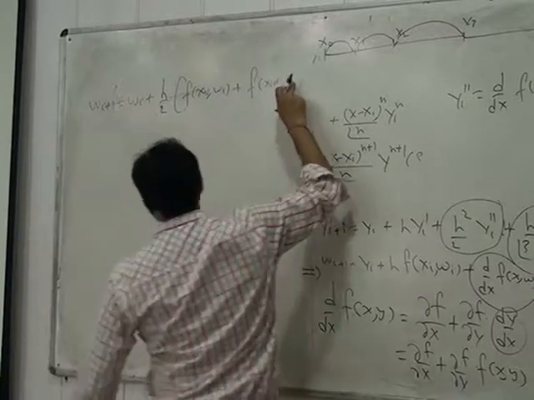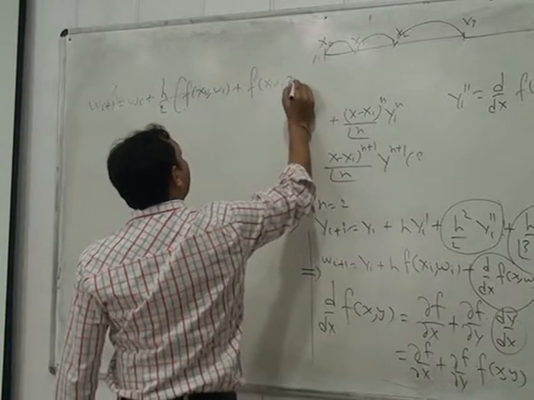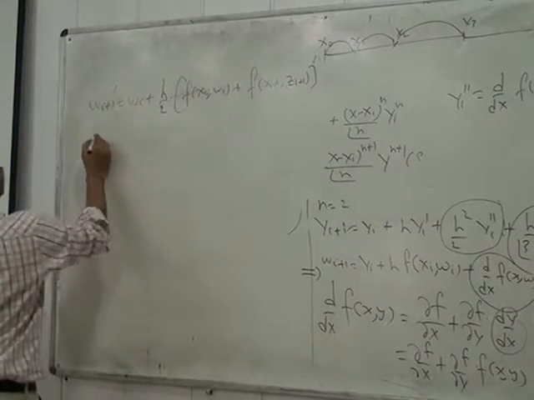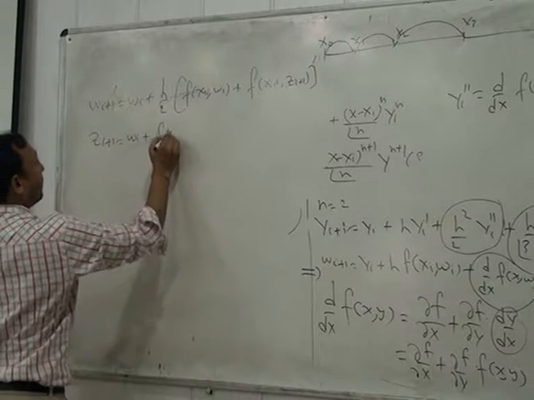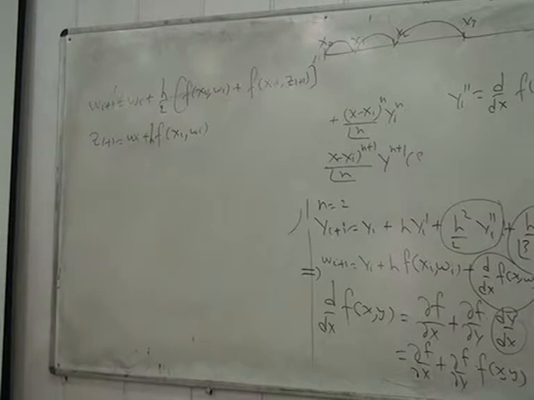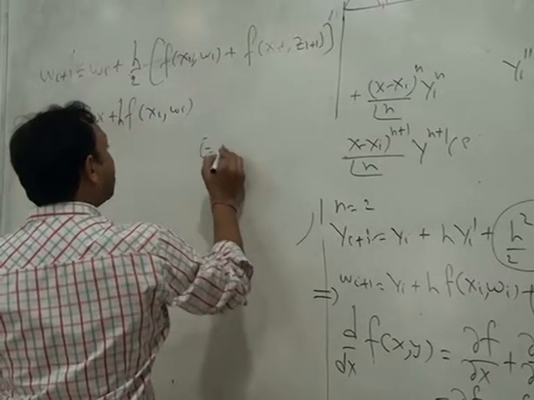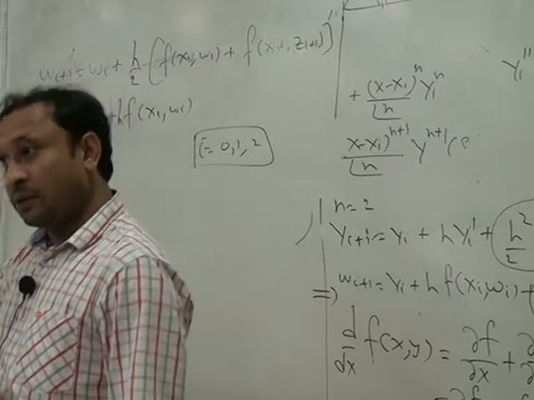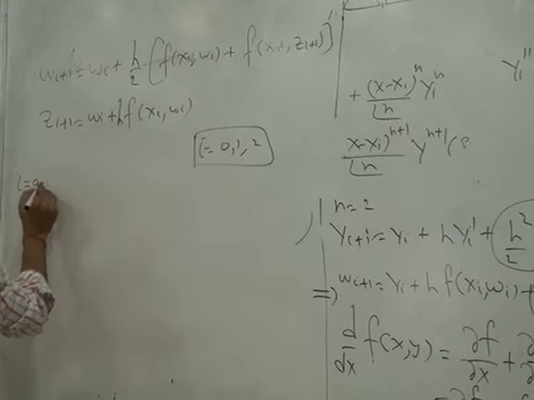Here you should actually write W(i+1), but because this is unknown, I am writing it as Z(i+1), where Z(i+1) is written as Wi + h f(xi, Wi). That's what it is. Here i goes from 0, 1, 2. So first we have to compute W for i equal to 0. This will give you W1.